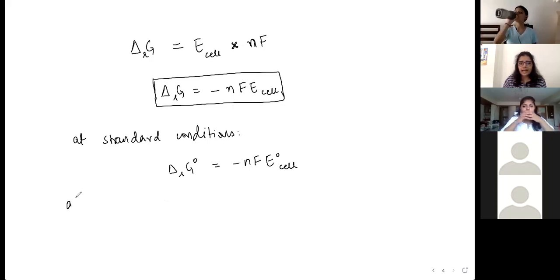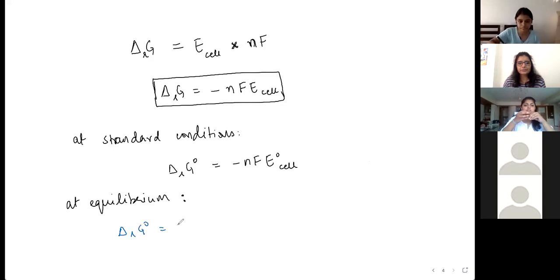Next, coming to equilibrium. You have the relation between E naught and the equilibrium constant, right? So substitute that. So you get delta rG naught equal to minus nF into, what is its value?